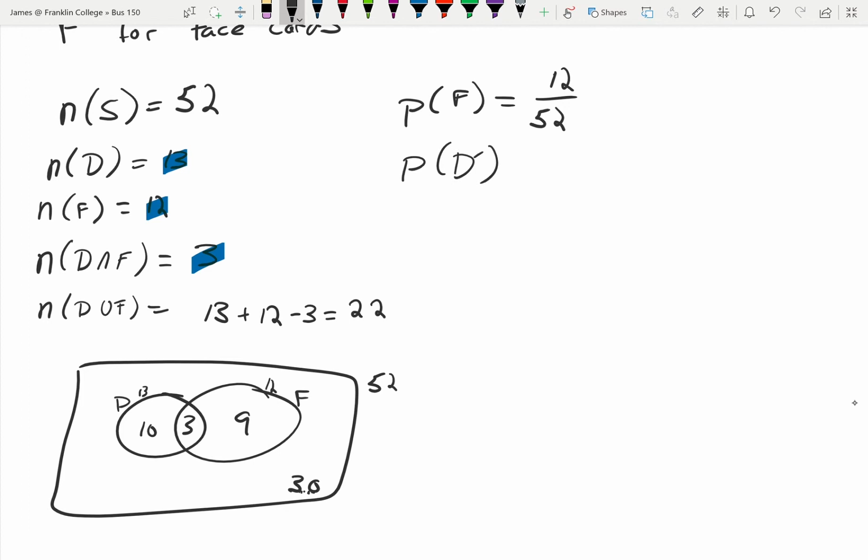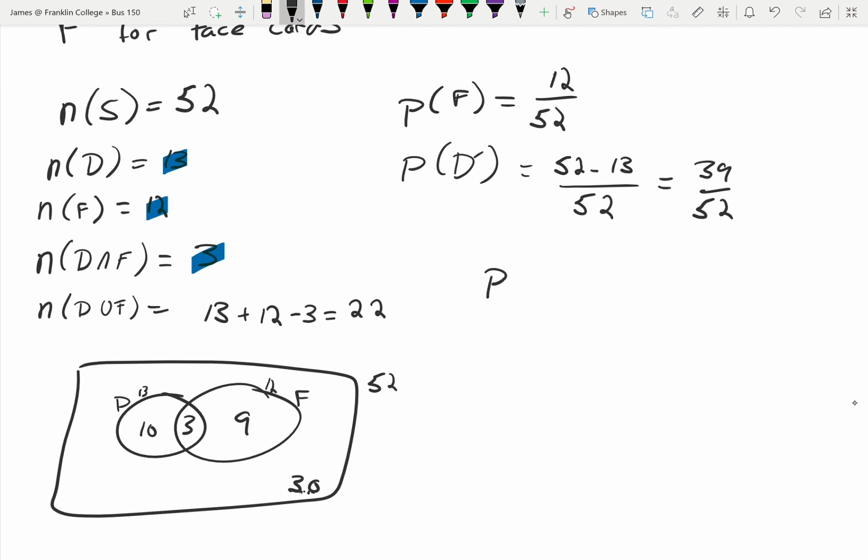Similarly, if we were interested in the probability of drawing not a diamond, well, 52 minus 13 will tell us the total number of cards in our deck that are not diamonds, because there are 52 cards total and 13 diamonds. All still divided by our total sample space. So we'll get 39 over 52, which gives us the probability of not D occurring.